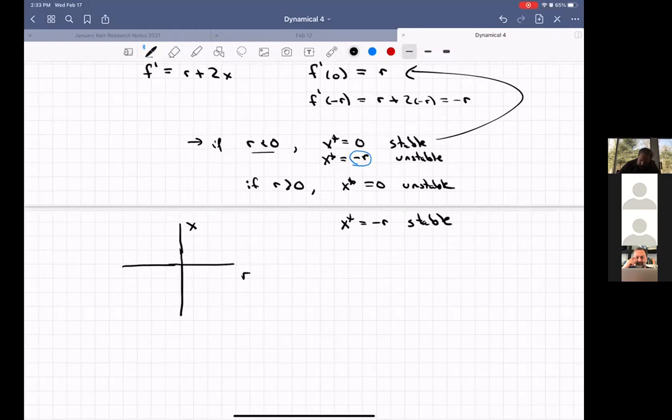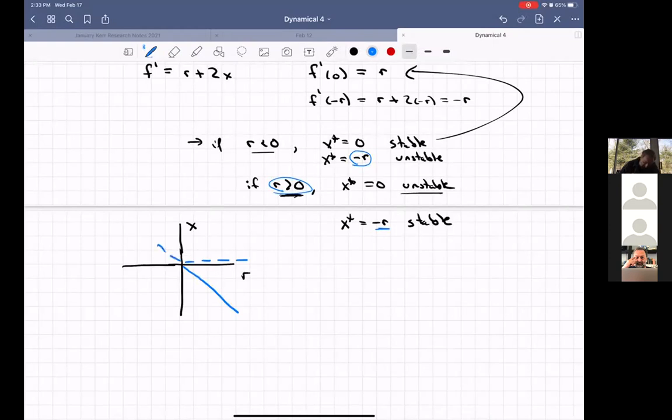Okay. If r is positive, now I'm looking at r as positive, the origin is unstable. Woo! Now I'm doing the right thing. And if r is positive, then the one at x is minus r is stable. So now I've got something that's good. That look better? Yep.